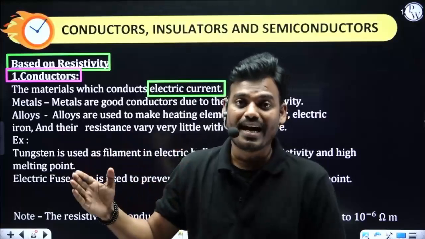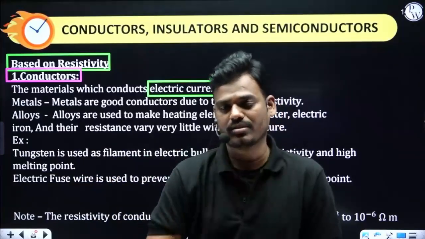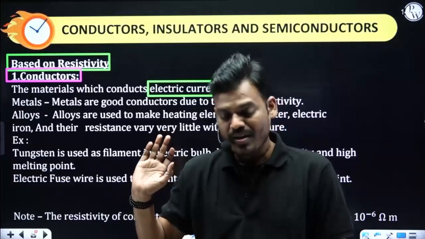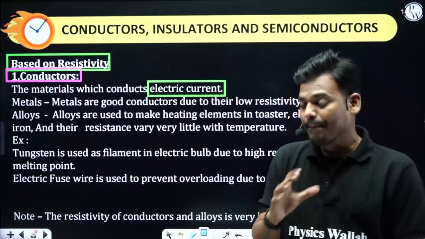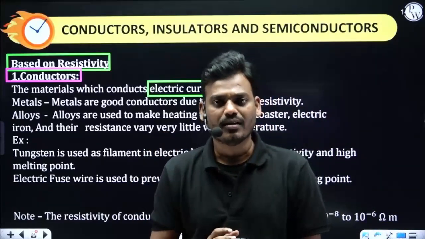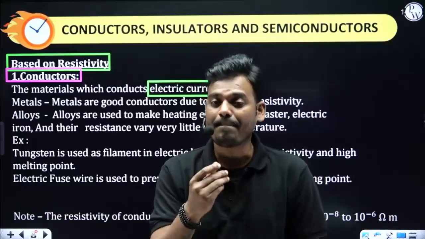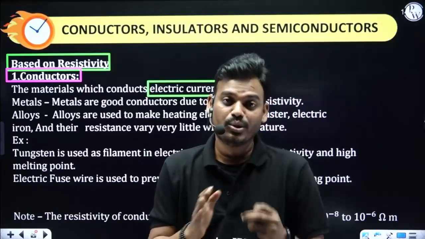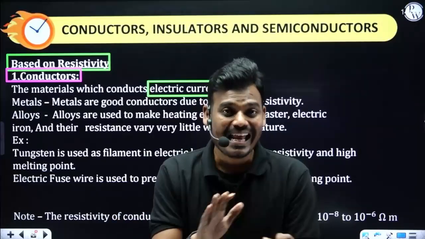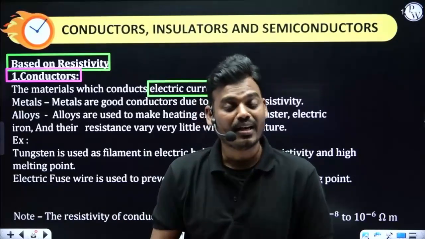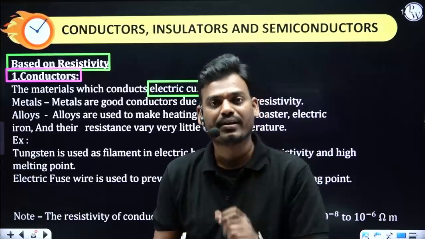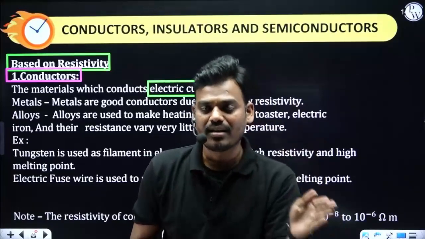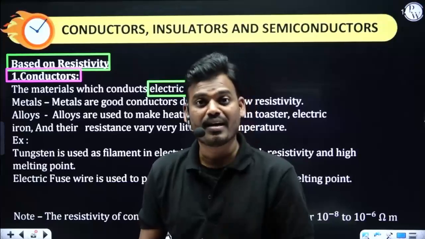Then you can call it a conductor. All metals are conductors only. Now, if I consider rubber, paper or wood, these materials do not conduct any electric current, so you can call them insulators. And the range between conductors and insulators we call semiconductors.